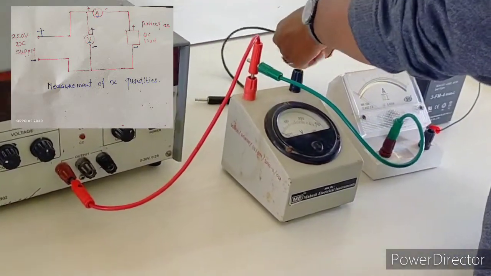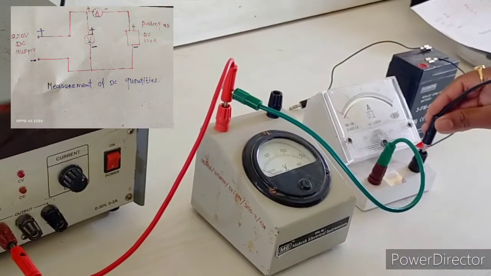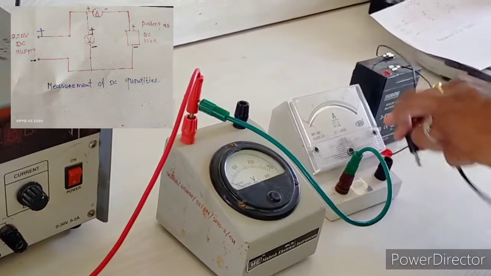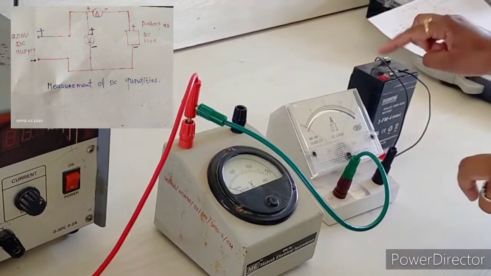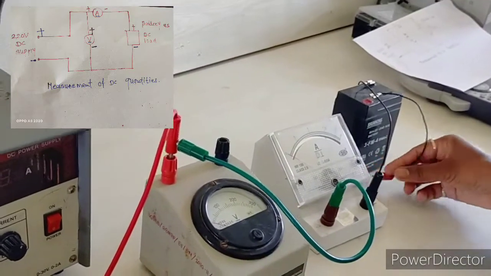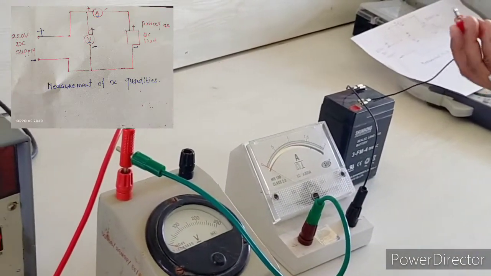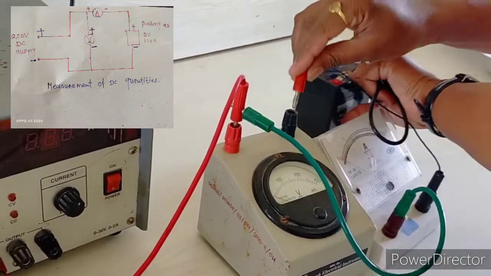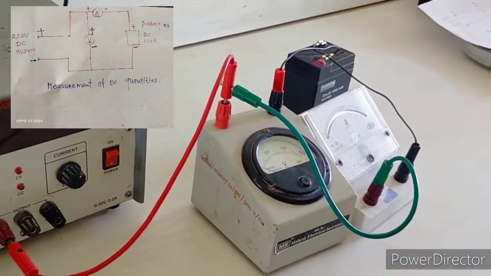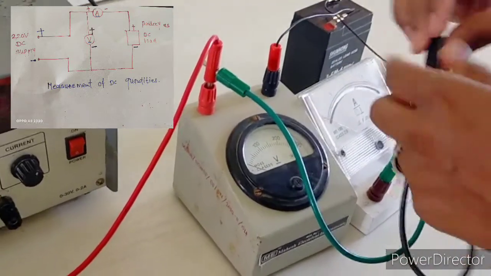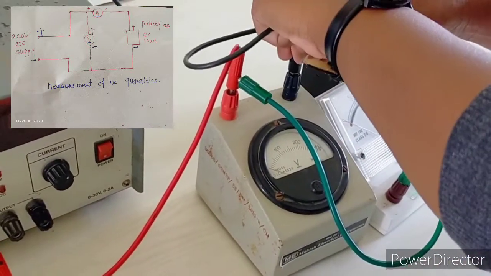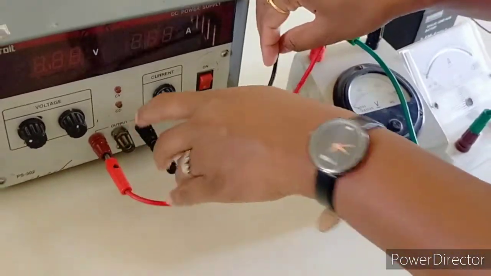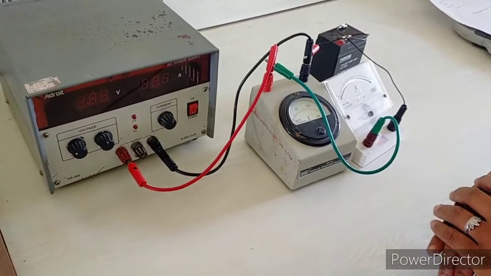The negative terminal of the ammeter will be connected to the positive of the battery, and next, the negative of this load bank will be connected to the voltmeter negative, and from this point we connect to the DC supply negative terminal. So it will be a closed circuit. Now we will take the readings.